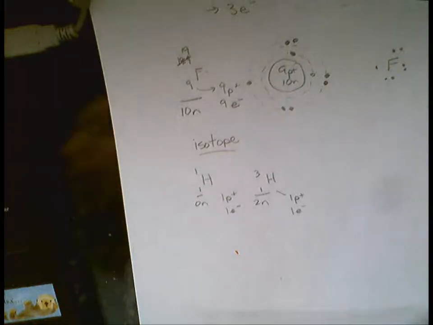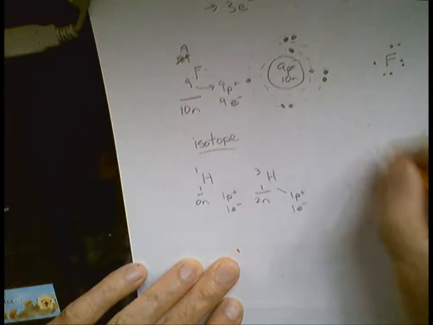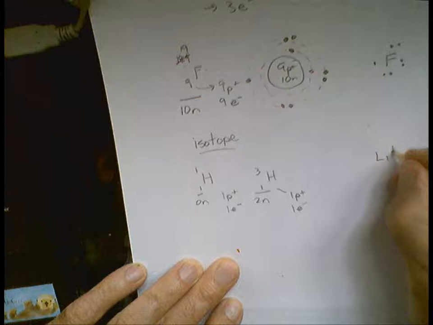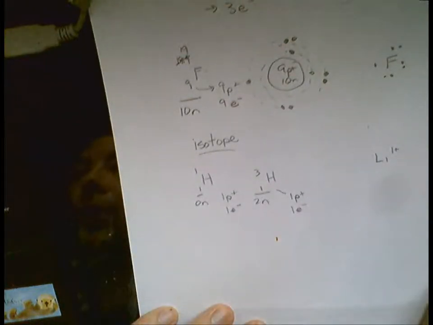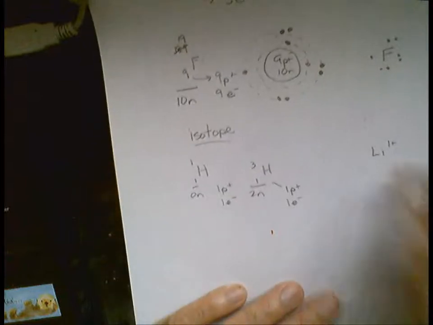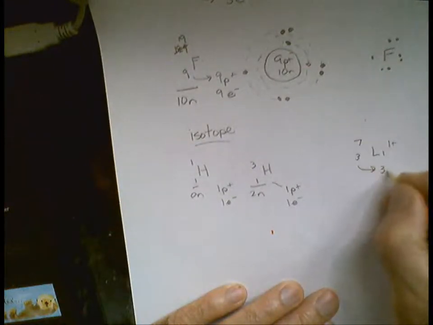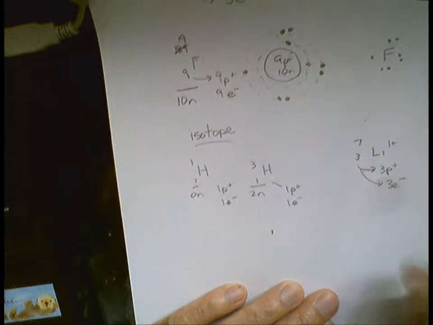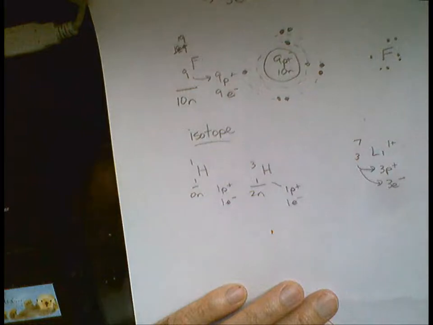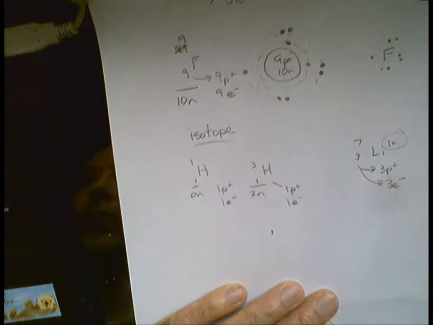Okay, I said I wanted to go over a couple of different terms. Let's go over charges right now. So let's go over lithium 1+. If we have lithium 1+, we have 3 protons and we have 2 electrons. Now, if we have a 1+ charge, we've got 1 more positive than we do negatives.